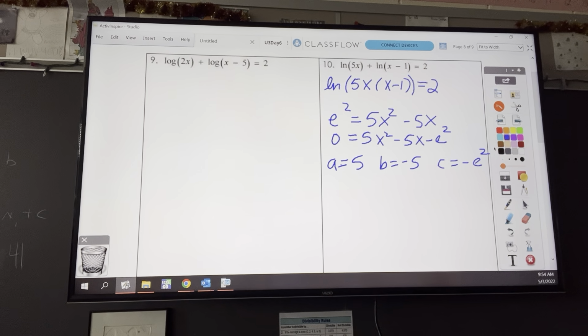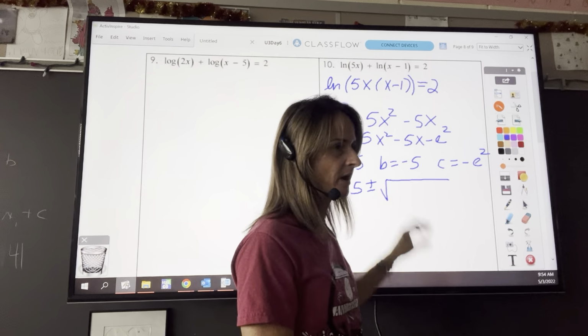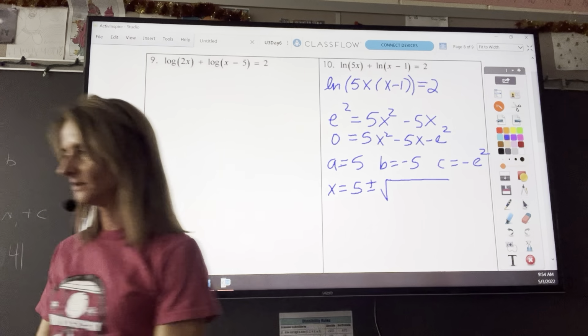negative b. So that's going to be positive 5 plus or minus b squared. Anytime you have b squared, whether b is positive or negative, b squared is going to be positive because a negative times a negative is a positive.